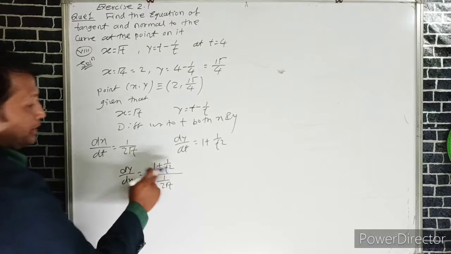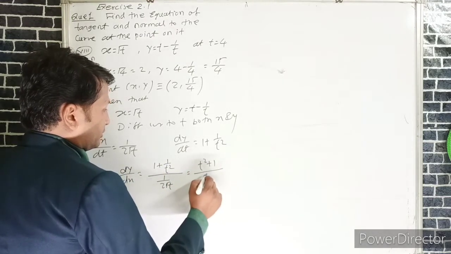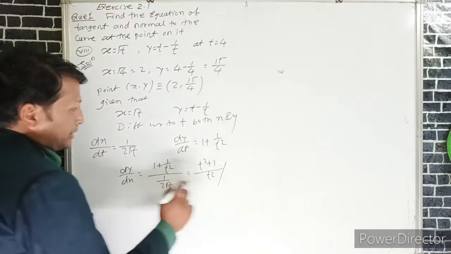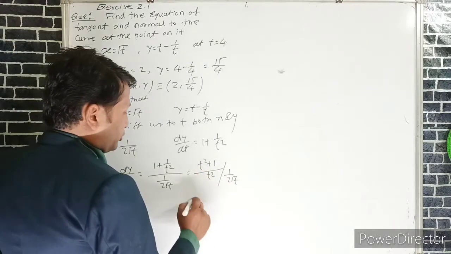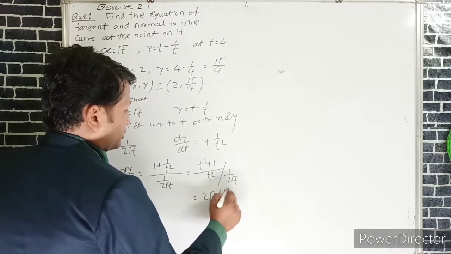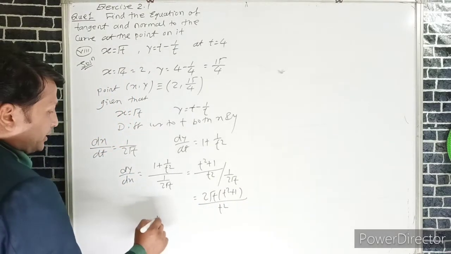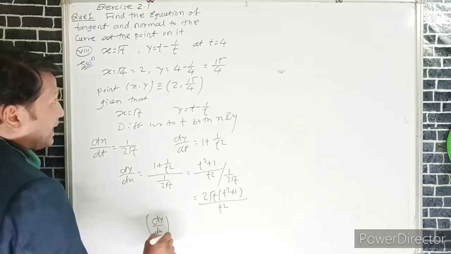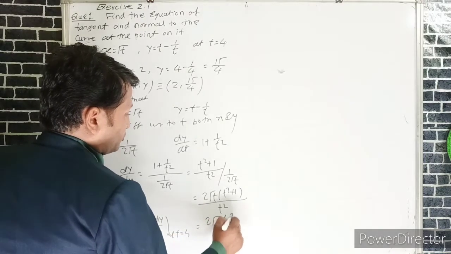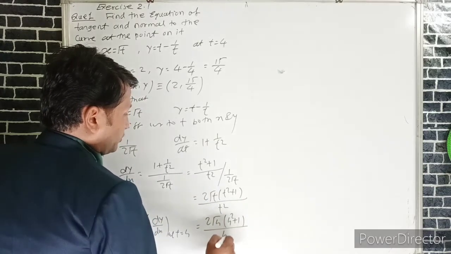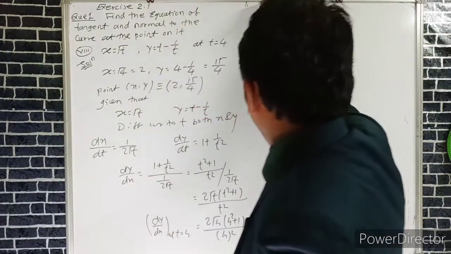If we take the reciprocal, (t square plus 1 upon t square) divided by (1 upon 2 root t), we take this 2 root t into numerator: 2 root t into (t square plus 1) upon t square. So we have to find dy by dx at t is equal to 4, means 2 under root 4 into (4 square plus 1) upon 4 square, and the value of under root 4 is 2.